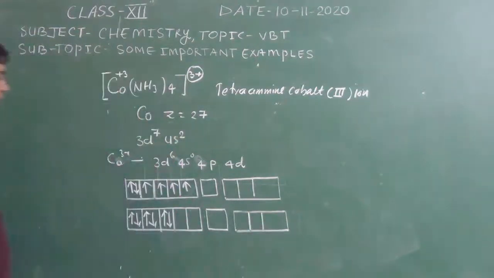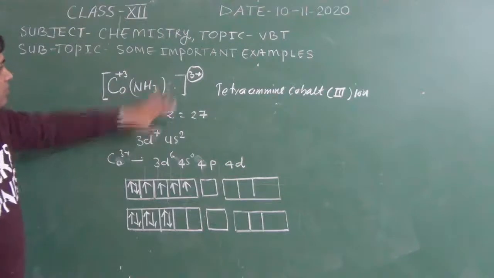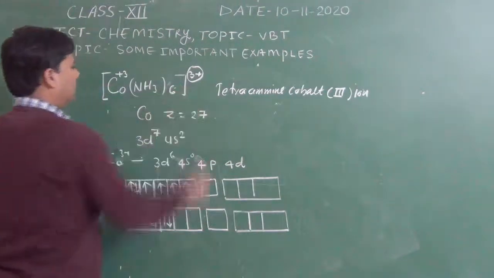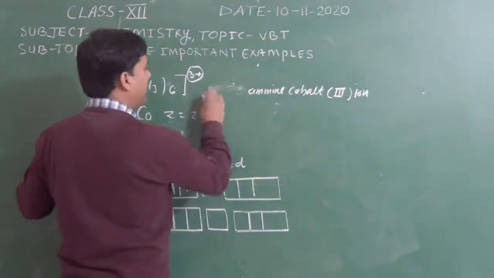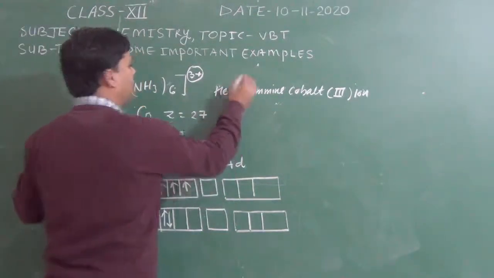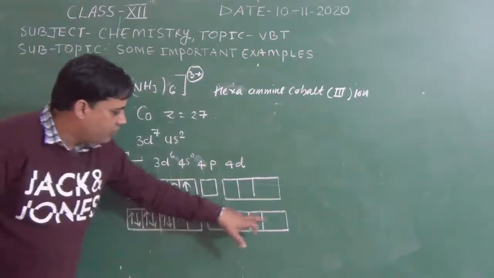Okay, so how many orbitals are required? In case of NH3 6, it is required to write hexaammine, not 4, hexaammine, because it requires 6 orbitals, 1, 2, 3, 4, 5, 6.